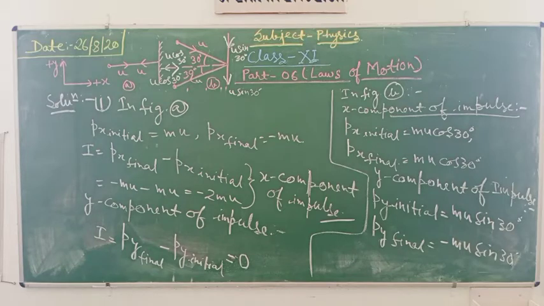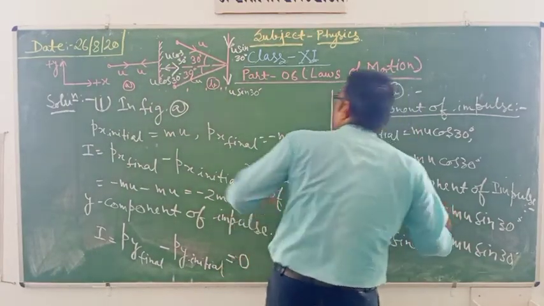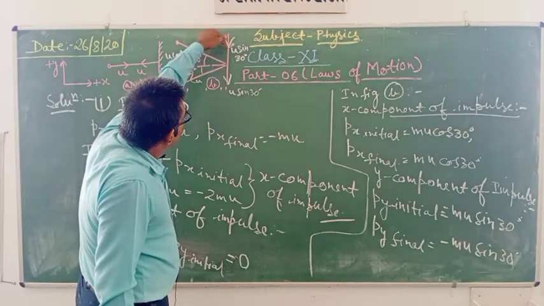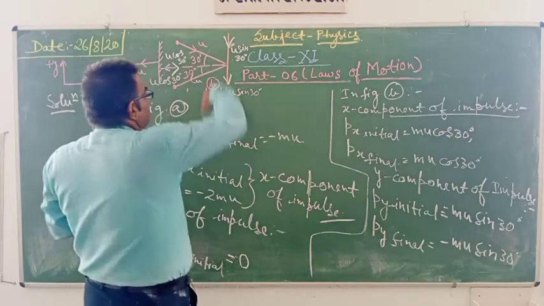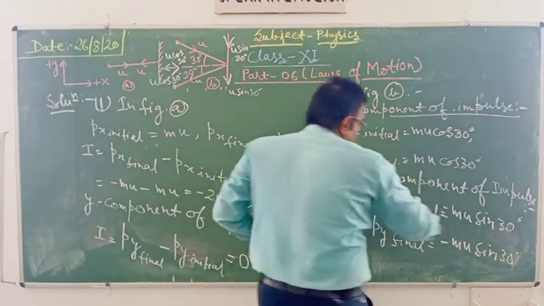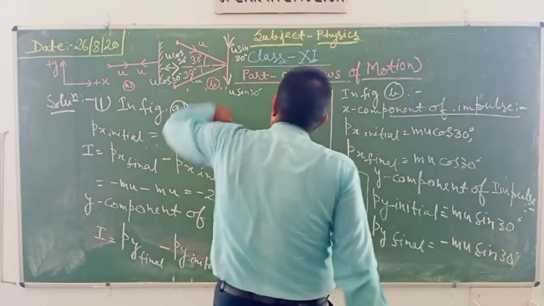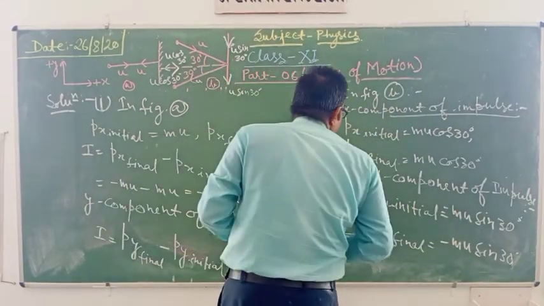Clear, students? Look at it, mu in this direction is the negative direction of the y-axis. So Py initial is minus mu sin 30 degree, and Py final is minus mu sin 30 degree. Both are negative.